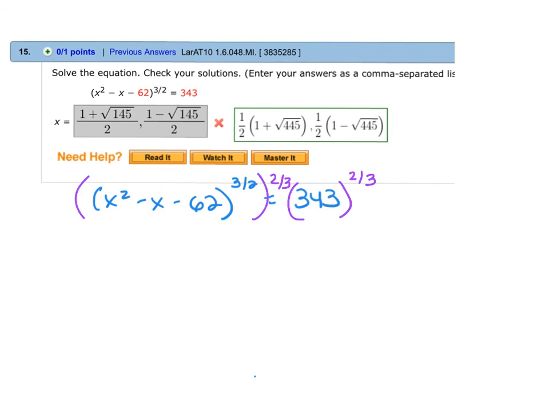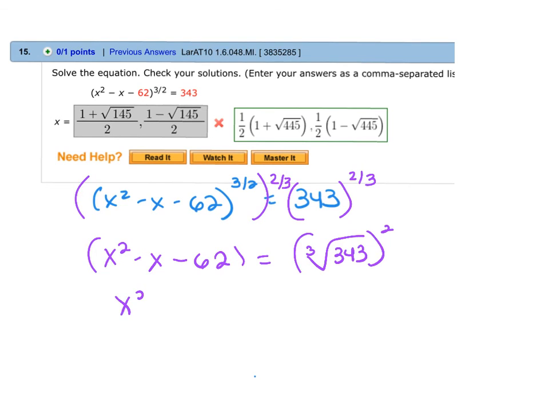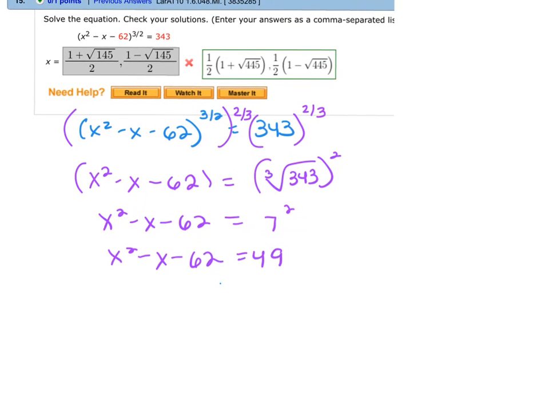So the easiest thing here, so that I'm dealing with smaller numbers, is to cube root 343 first and then square it. So the cube root of 343 is 7. 7 squared is 49. Subtract the 49. And I get x squared minus x minus 111.